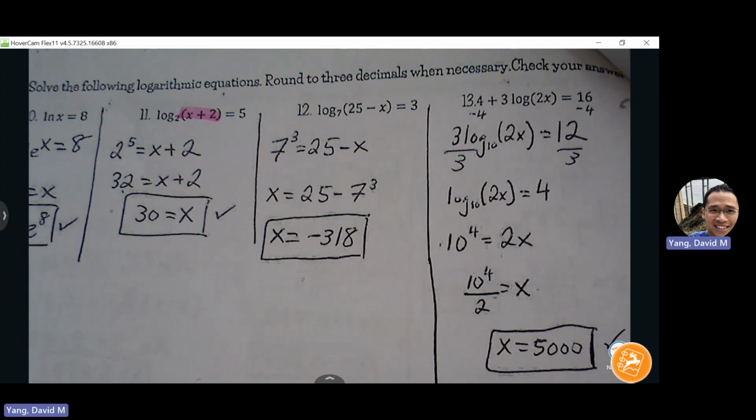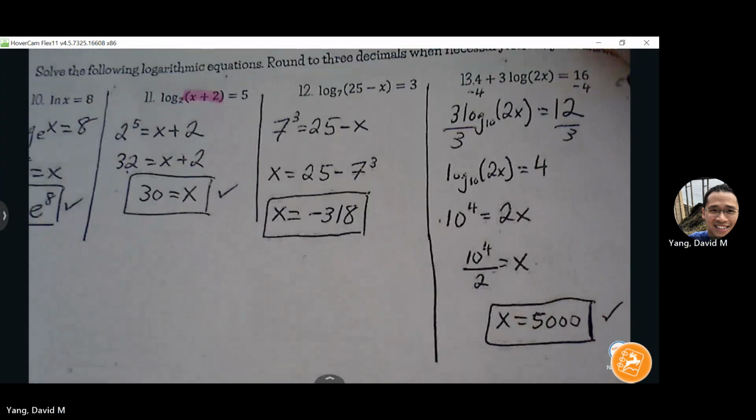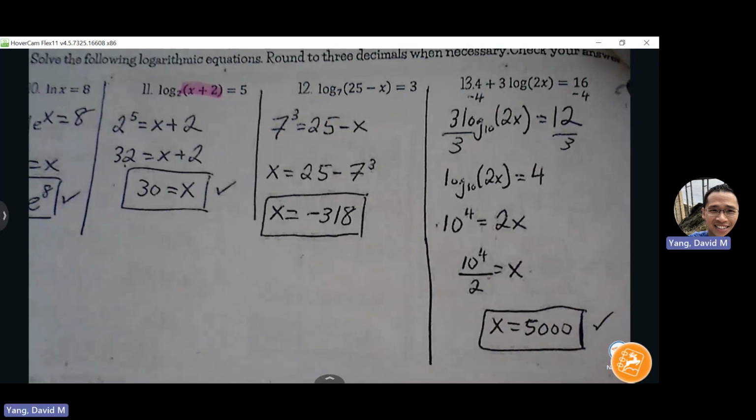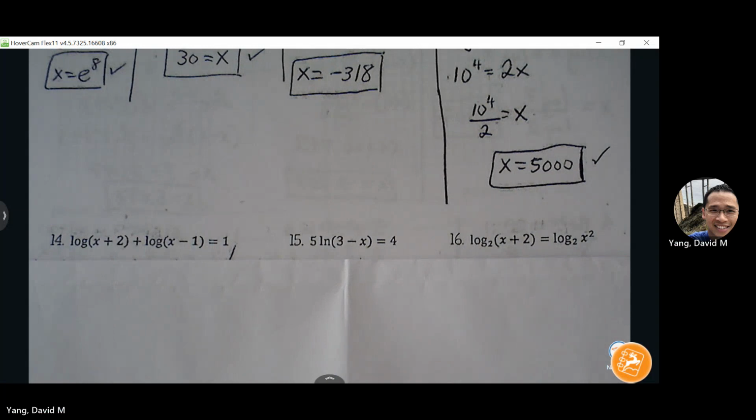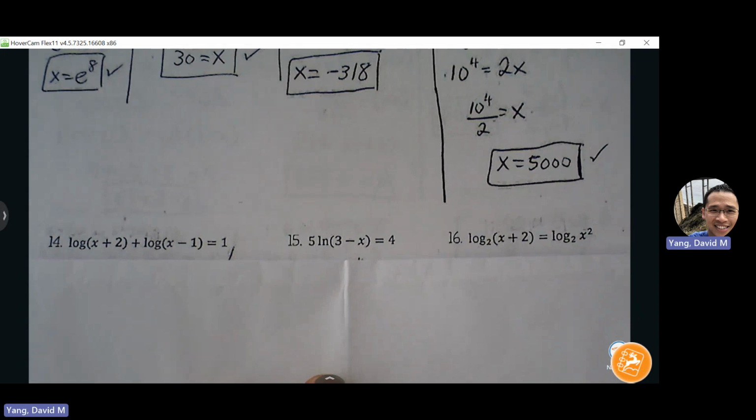Okay, a few more. 15. We'll do 15, 17, and 19. Divide that 4 over first. Get that base to show up for you and then exponential form.